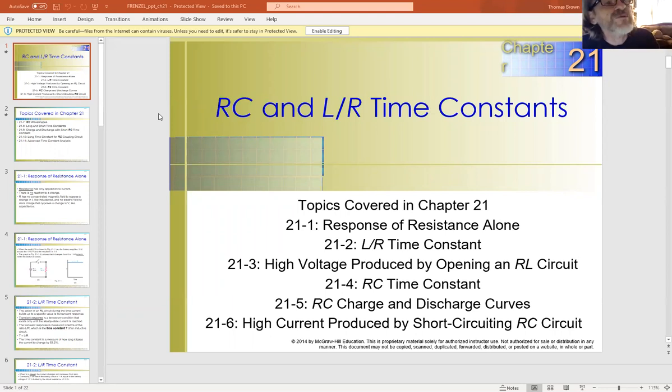The next couple of chapters, we're going to actually examine the components we've been looking at. Up to now, we've been studying the properties of the components, and getting used to working with the formulas and what we expect to see with these things.